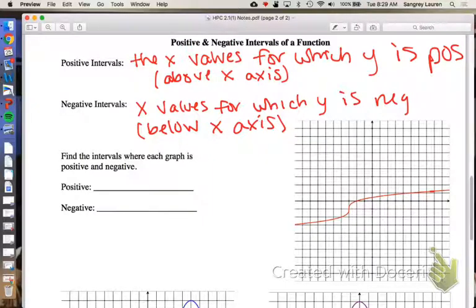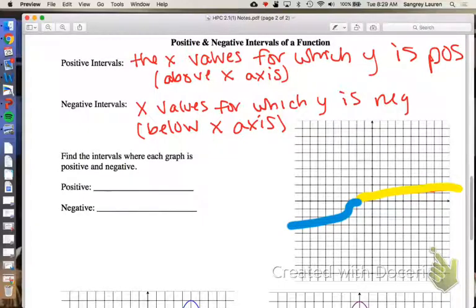Okay, so when we're looking at this graph, at -2 is where our graph shifts from being below the x-axis to above. So starting with -2, my graph is above the x-axis, and then at -2 to the left, I'm below.